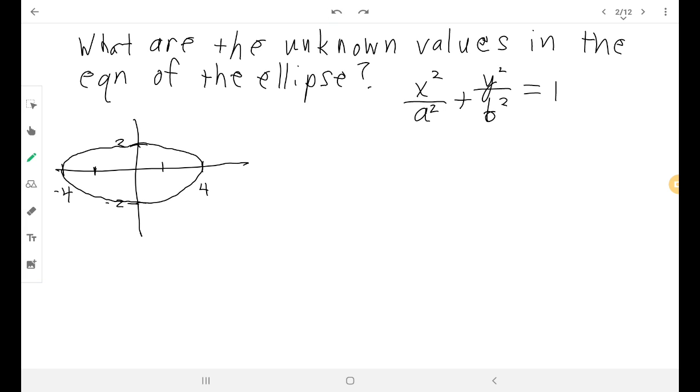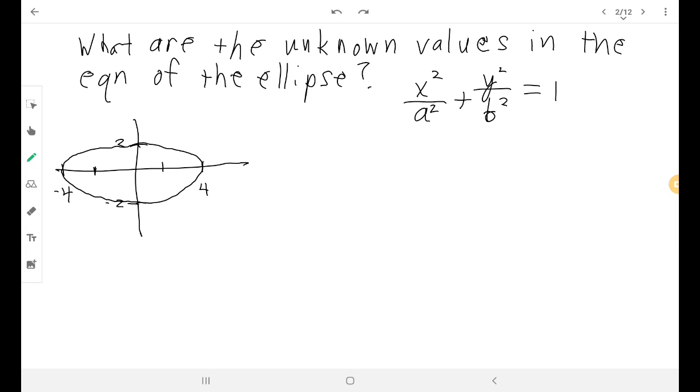So we've got to know some things like, what does this a squared mean? What does the a mean? What does the b mean? The x and y represent variables that will vary as we draw it, so we don't want to fill in x and y, but we do want to fill in a and b.